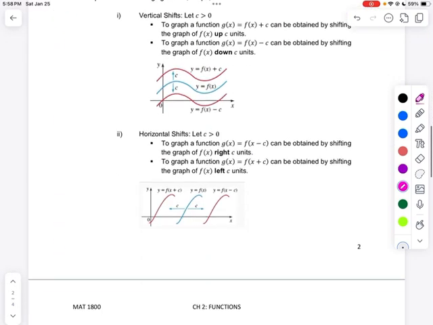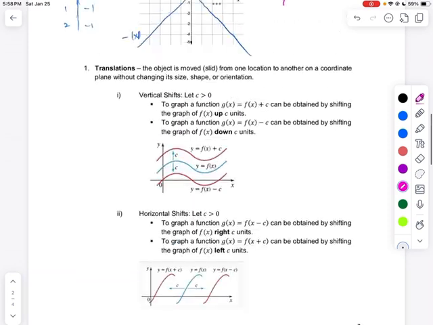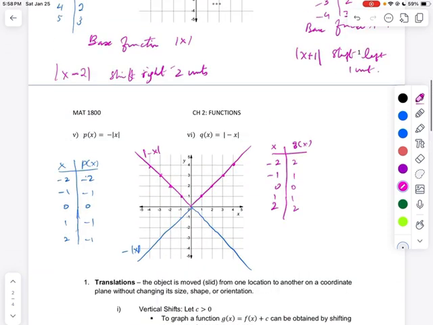Now another pair of graphs. So now we have p of x is equal to negative of absolute value of x. And the next one is absolute value of negative x. Now we again make our table of values, and we see our blue graph here, down here.